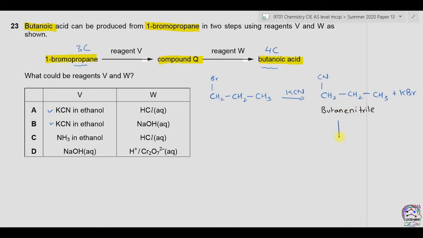Now butane nitrile can be converted into carboxylic acid by using aqueous HCl. So it will form carboxylic acid CH3CH2CH2COOH along with the salt of ammonium. So we have used potassium cyanide and HCl, so therefore answer is A.